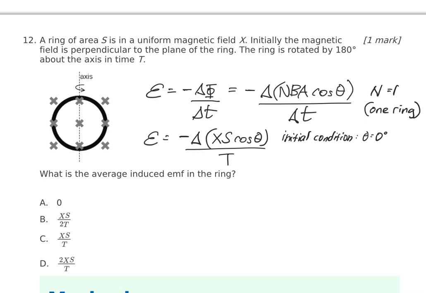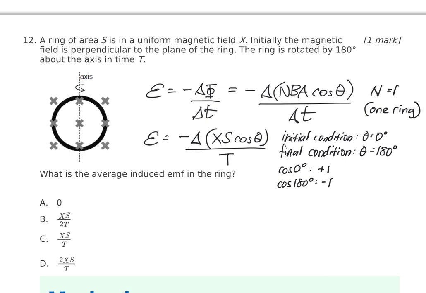That would just be X cosine of 0, which is 1, so we would just have XS over T, which is choice C. However, we are rotating the coil all the way around. The final condition is that theta is 180 degrees. And it was like, well, cosine of 180 is still 1. Or is it? Cosine of 180 is negative 1.